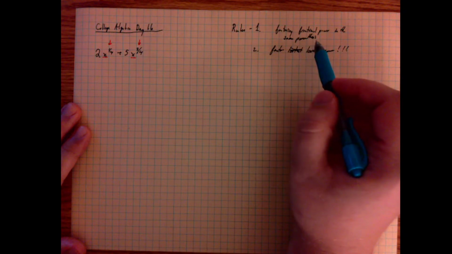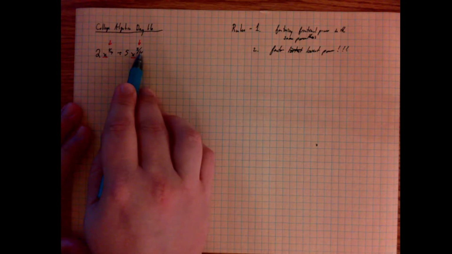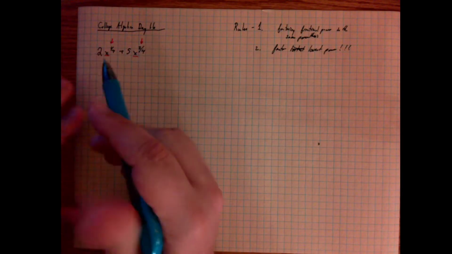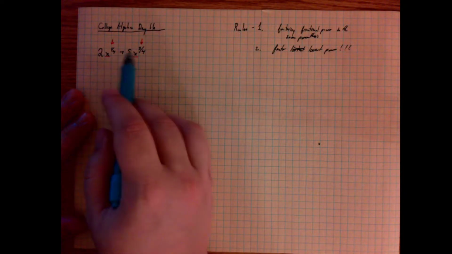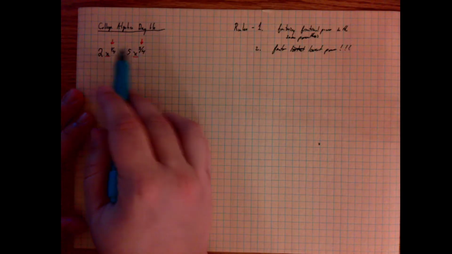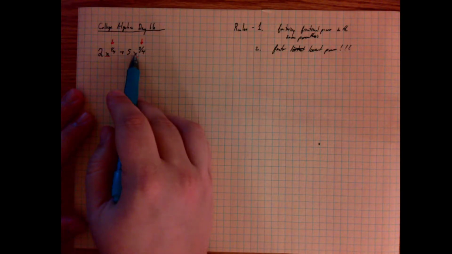These need to have the same parentheses if possible. This is a power on an x. This is also a power on an x. We're going to see ones in a second that are powers of parentheses functions, and so this needs to stay the case. They need to be the same thing here and the same thing here. They'll have different powers, but in general, the other piece of these powers needs to be the same.